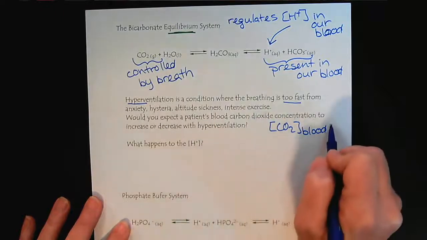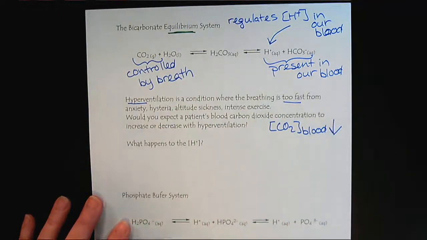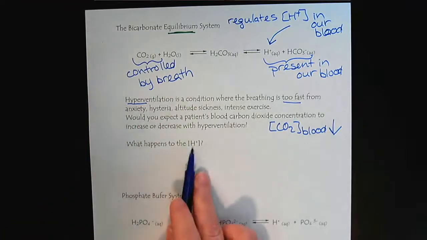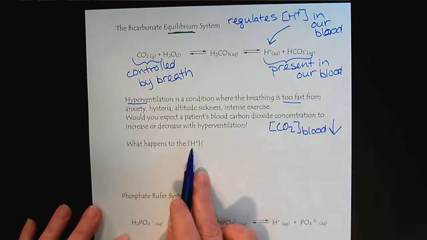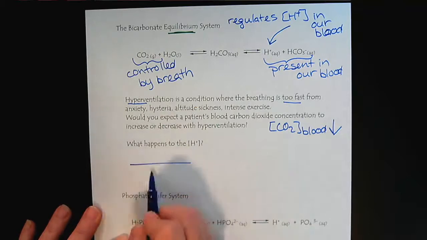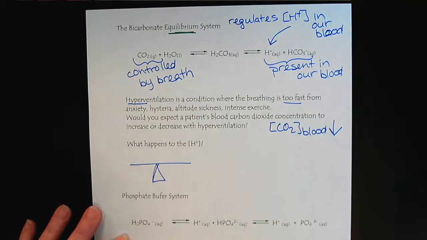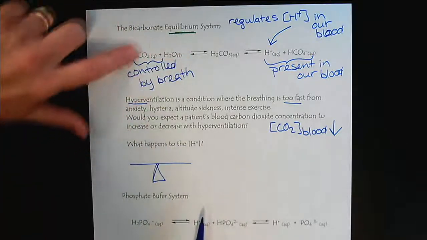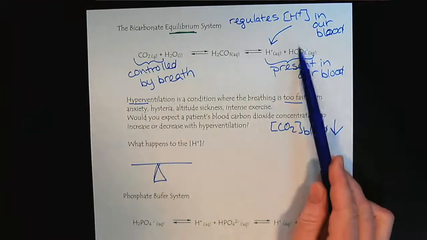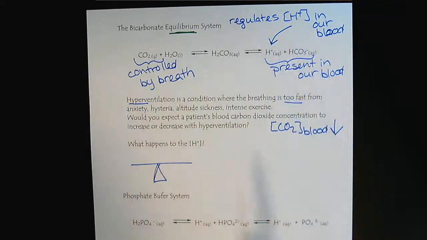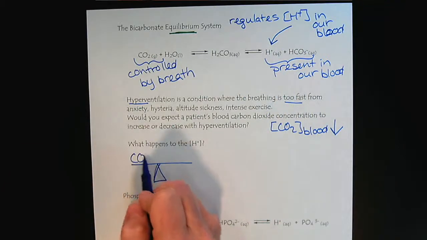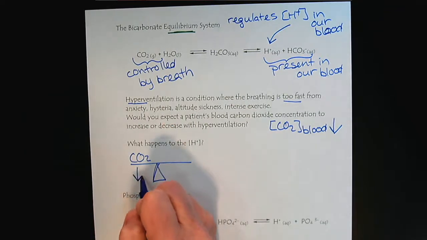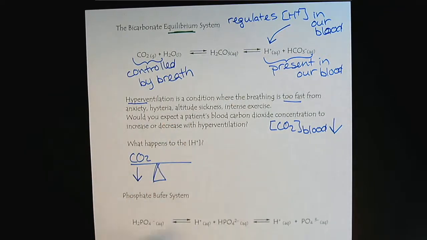If we're breathing a lot, what's going to happen? The CO2 concentration in our blood is going to decrease. Now, what happens to the hydrogen ion concentration? So we look at our teeter-totter: the CO2 and the water are on the left, and the hydrogen ions and the bicarbonate are on the right. If we're hyperventilating, we're releasing a lot of CO2, so we're decreasing our CO2 concentration.